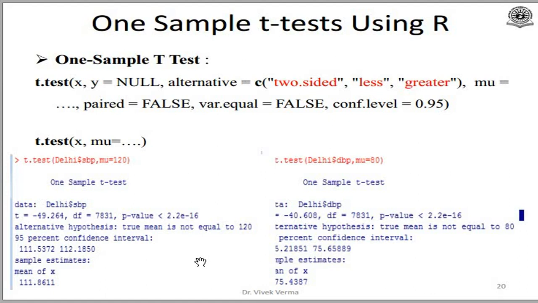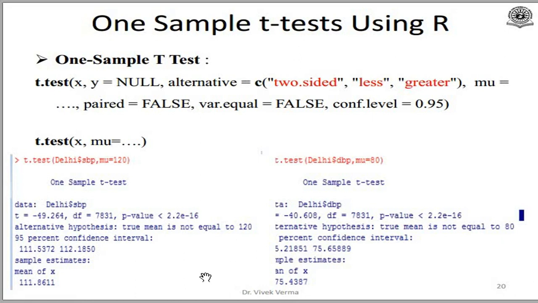The p-value is saying that, even though the data is of that particular group, none of them is close to the standard population values of 120 and 80. They are significantly deviating from the 120 and 80 standard measures.